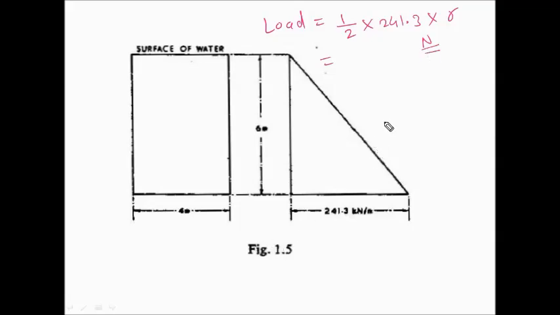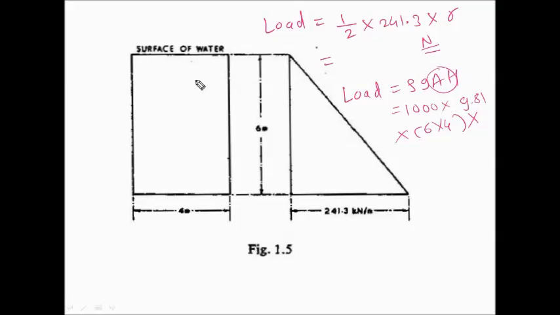If you want to counter check whether the answer from the load diagram is correct or not, you can use the earlier formula, rho g A H. Rho for fresh water is 1000, g is 9.81, area of the bulkhead is 6 into 4, and H is measured from the free surface.